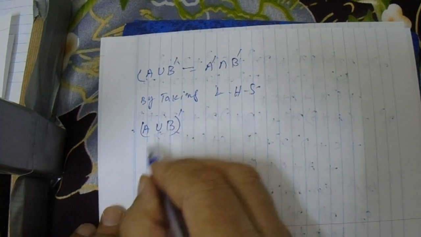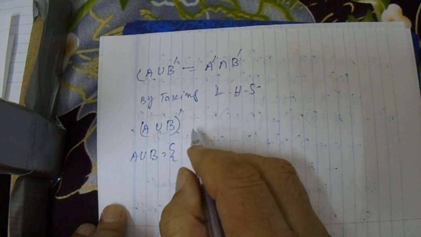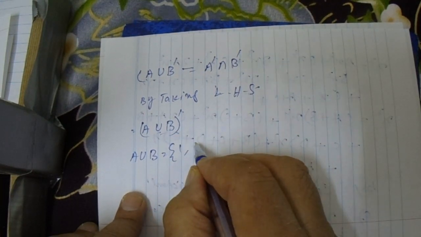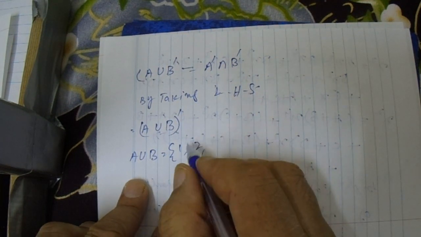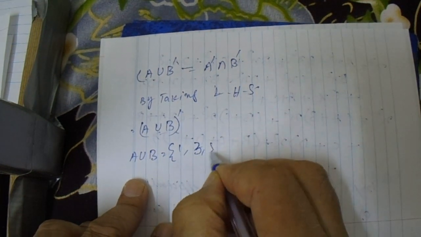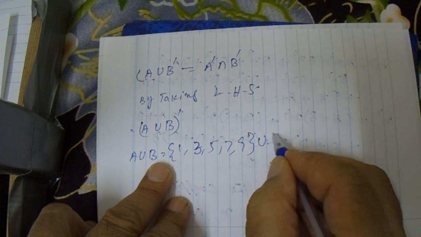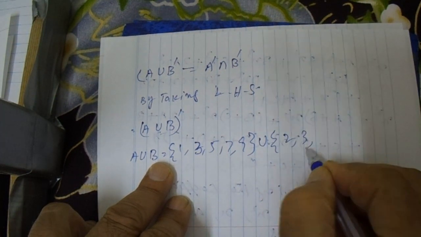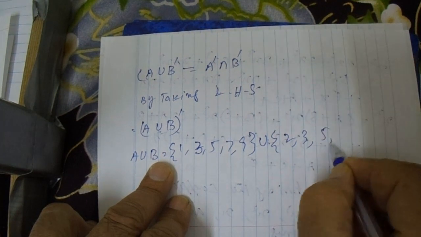First we will find A union B. A is 1, 3, 5, 7, 9. Now this is the A set. And union B set. B is 2, 3, 5 and 7.